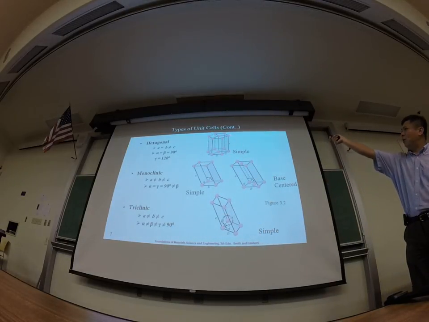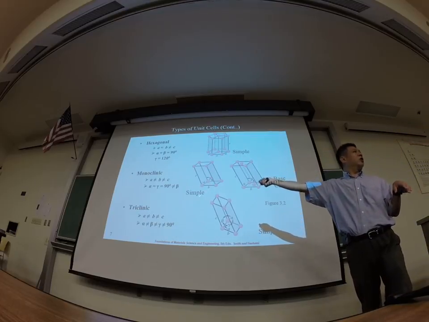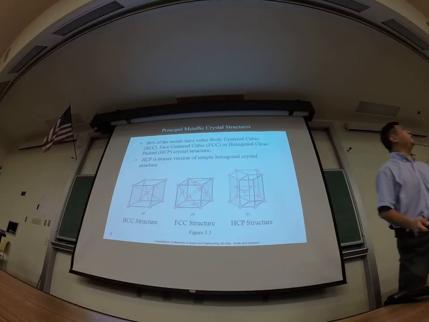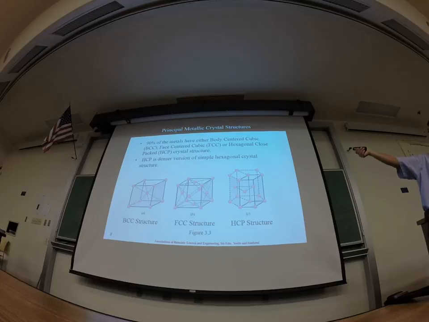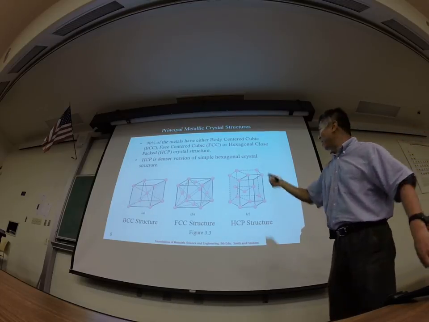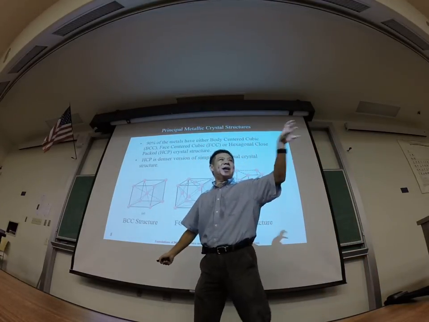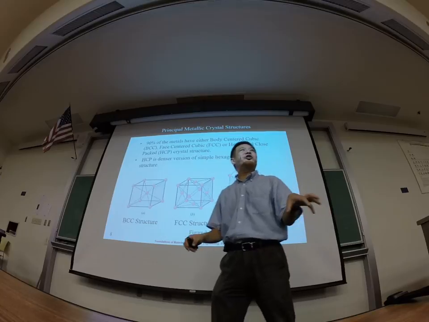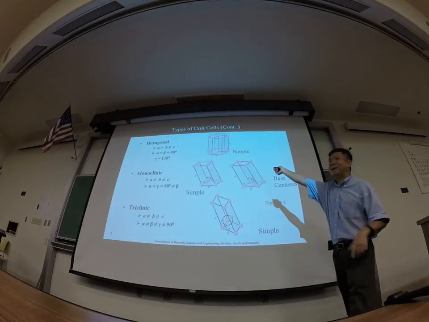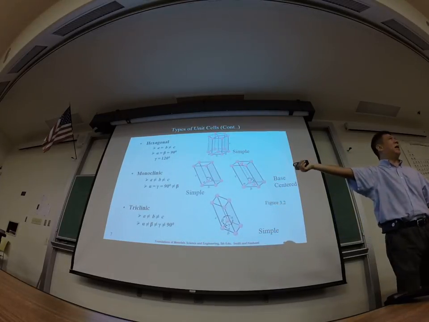The simple hexagonal cell is different from the hexagonal close-packed structure. The atoms in the hexagonal close-packed structure are more densely packed than that. I will tell you why later on.